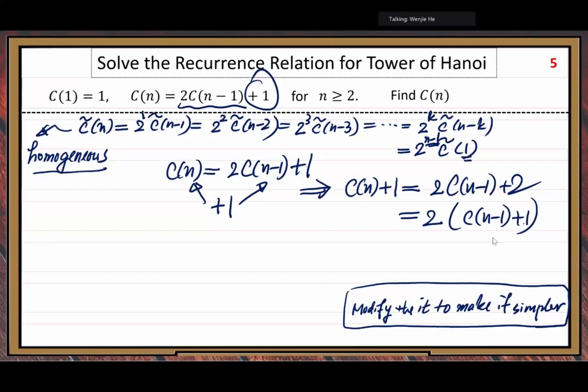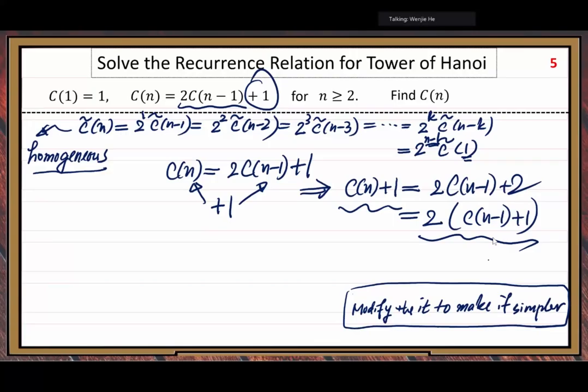After this algebraic operation, this is a new form. But does this new form match our requirement? We want to make the plus 1 gone.